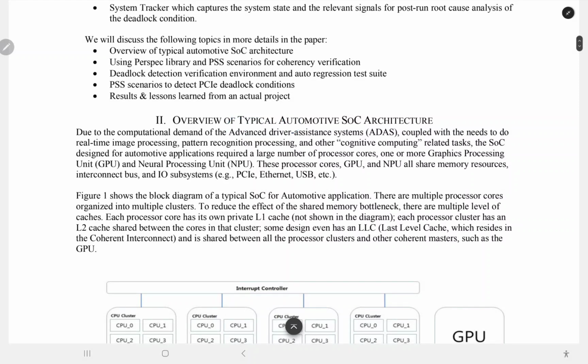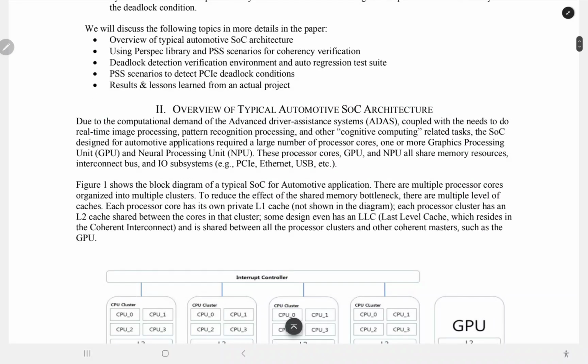Overview of the typical automotive SoC architecture. Due to the computational demands of the advanced driver assistance system (ADAS), coupled with the need to do real-time image processing, pattern recognition, and other cognitive computing related tasks, SoCs designed for automotive applications require a large number of processor cores, one or more graphics processing units (GPUs), and a neural processing unit (NPU).